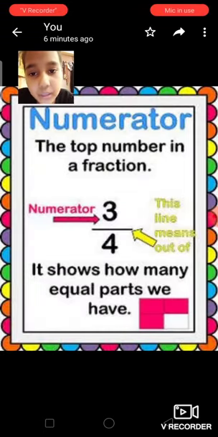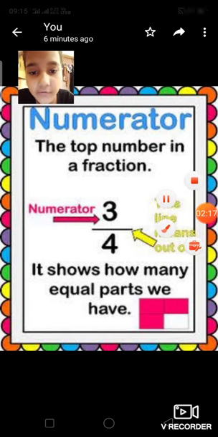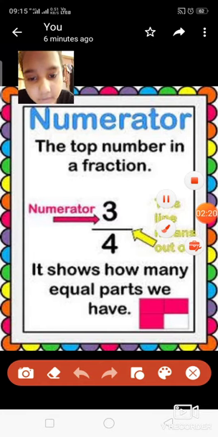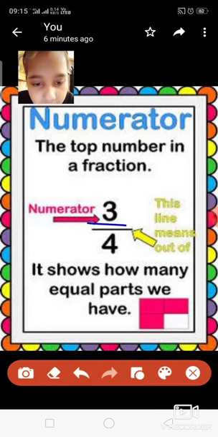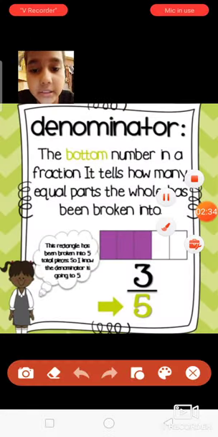Let's read about numerator and denominator in detail. The top number in a fraction is the numerator. The line means out of. It shows how many equal parts we have, as I told you. Now let's see the denominator.